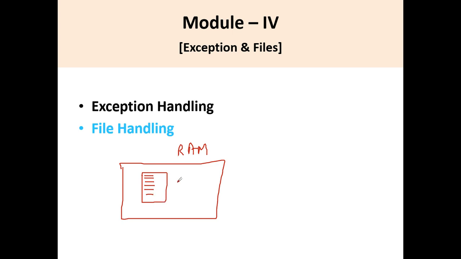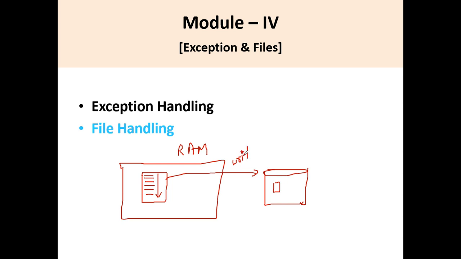Everything has been done here. When you close this file, it will be transferred to the respective location in the hard disk, in some drive, in some directory. This file will be stored. This thing we call file write.